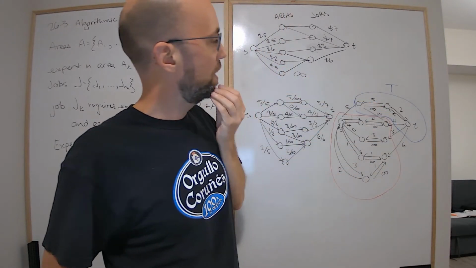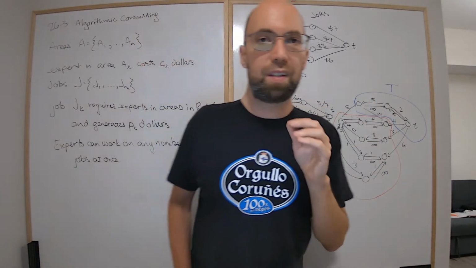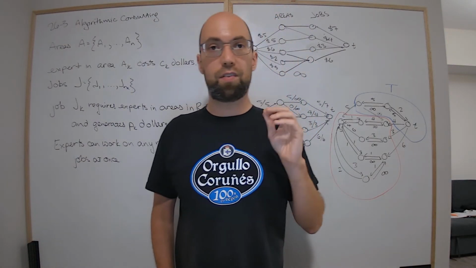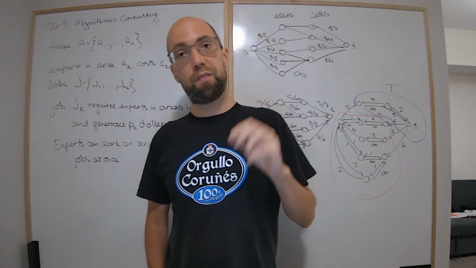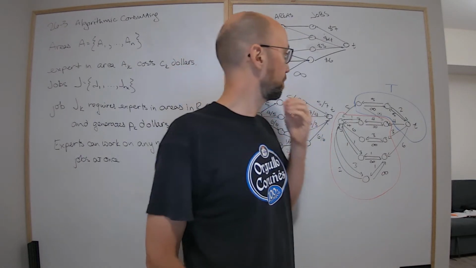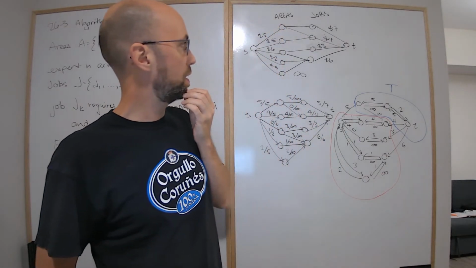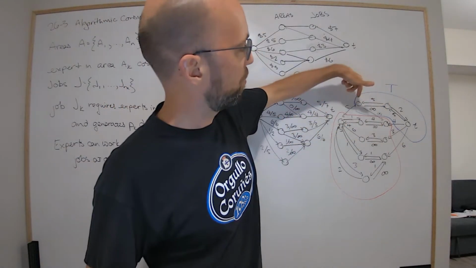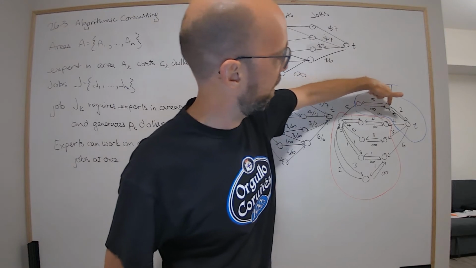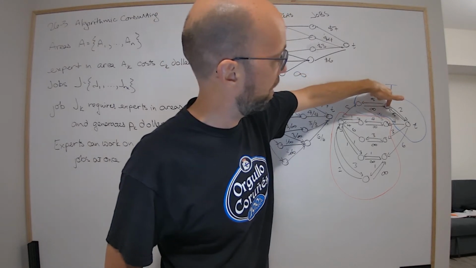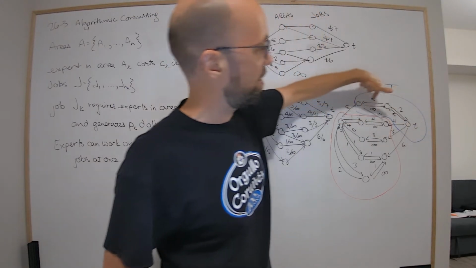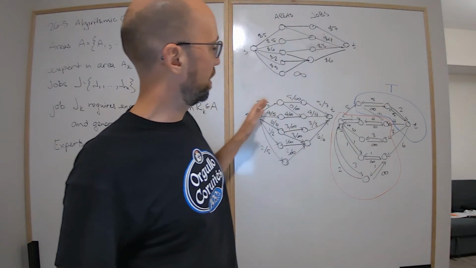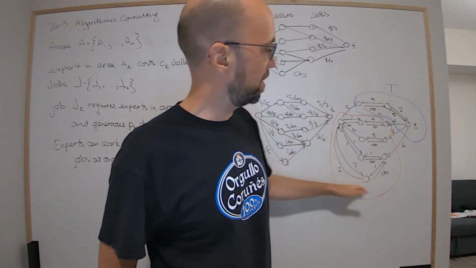And then you look at the sum of the capacities of the edges in the residual network. The experts you hire and the jobs that you take are the ones that are in T. So you find the min cut.